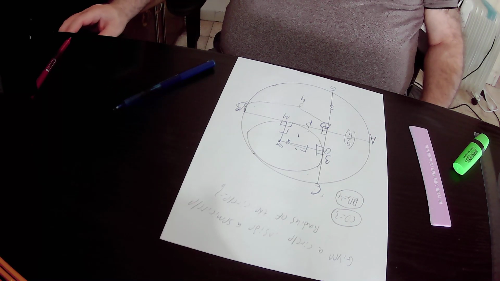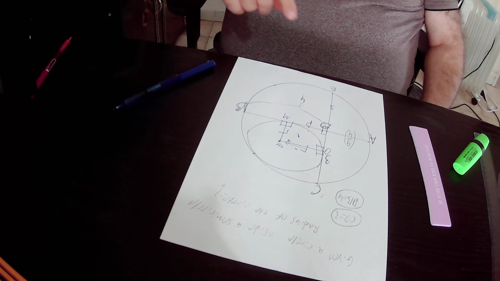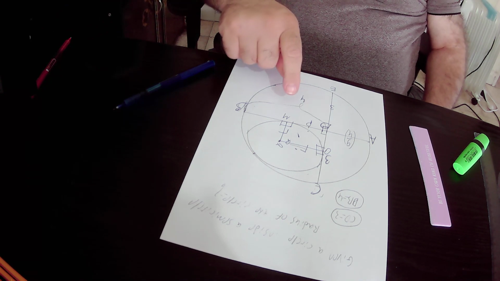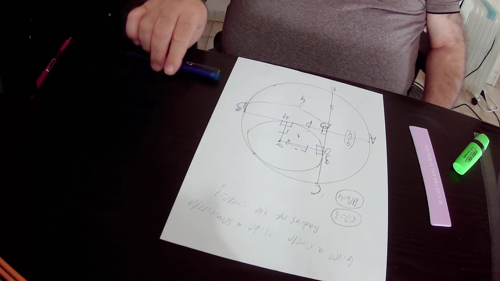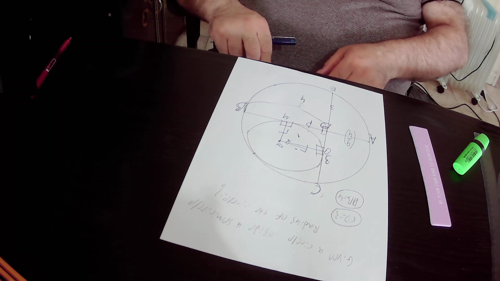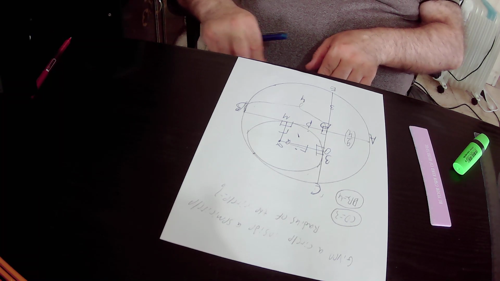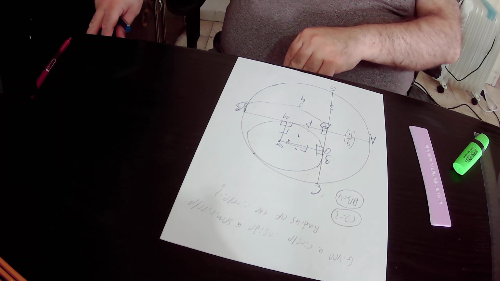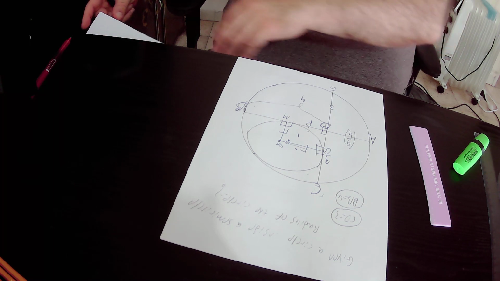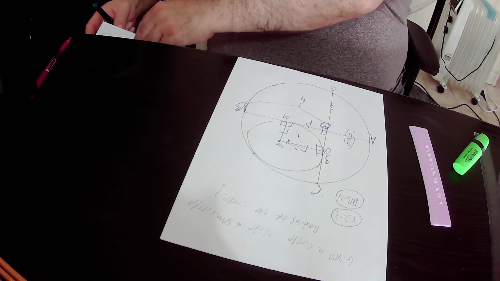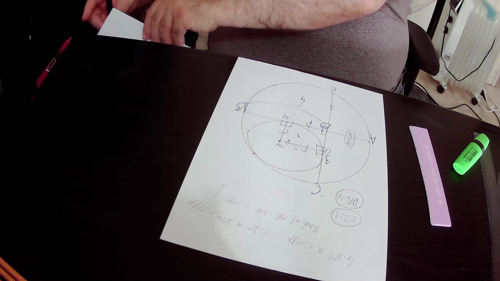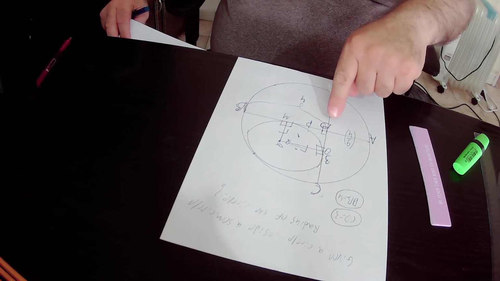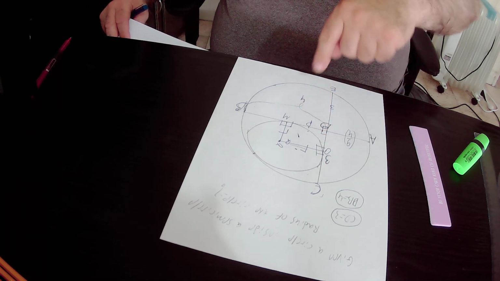In the next step, we will focus on quadrilateral OQDM. In quadrilateral OQDM, we have 1, 2, 3 right angles.